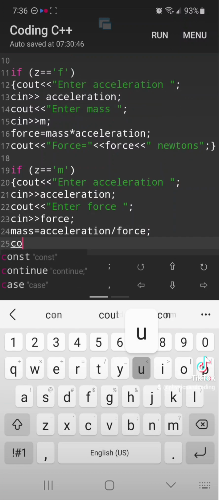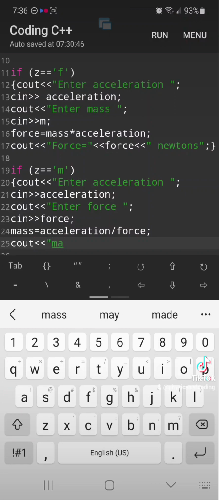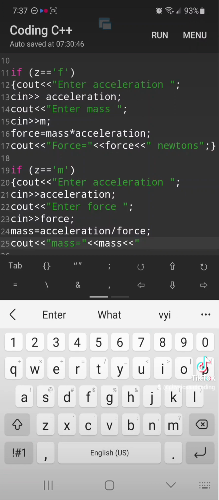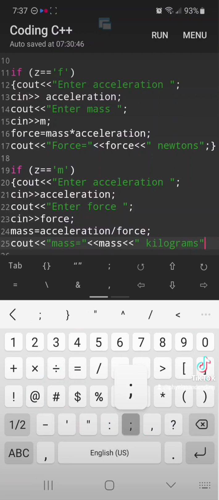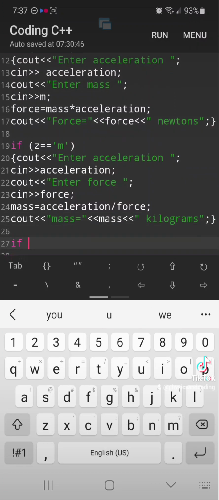Okay, so now we just print out the mass. And it'll be in kilograms. We're going to end the if statement. And then our last if statement.